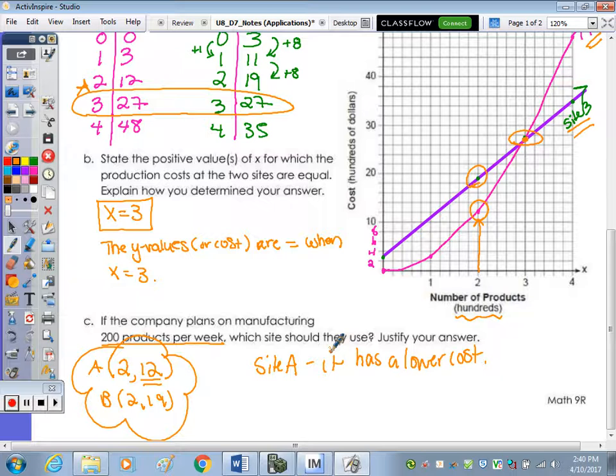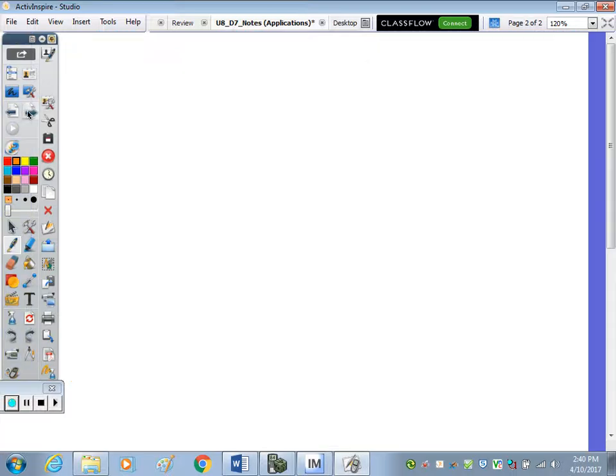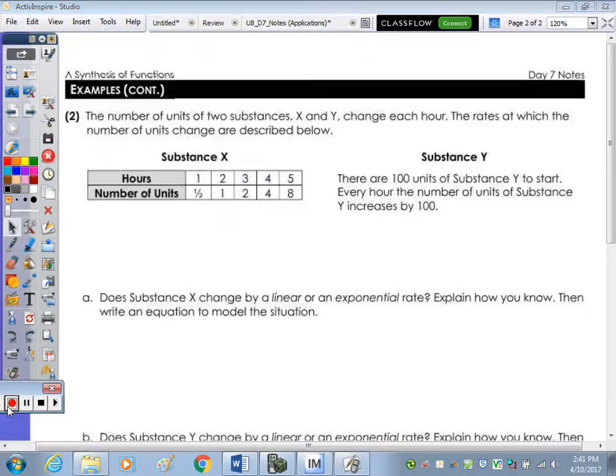Last one. Number 2. So same thing, take a moment to read number 2 and underline some key words, phrases. You can use a highlighter. Okay, so the number of units of two substances, X and Y, change each hour.